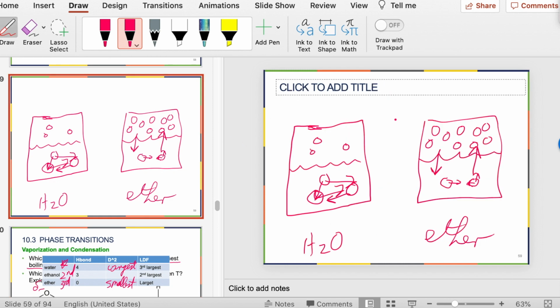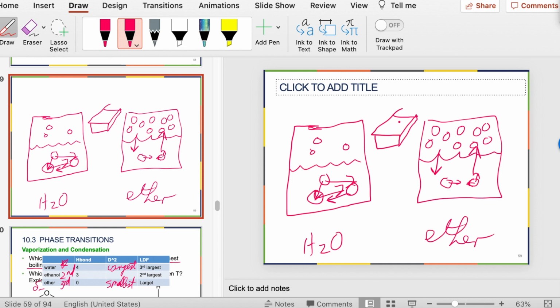Now let's just go back to our picture, and I compared water and ether. Imagine a piece of iron. I've got a bar of iron here, and very strong forces of attraction. The vapor pressure of iron is going to be incredibly small compared to water, compared to ether, because of the very strong forces of attraction.